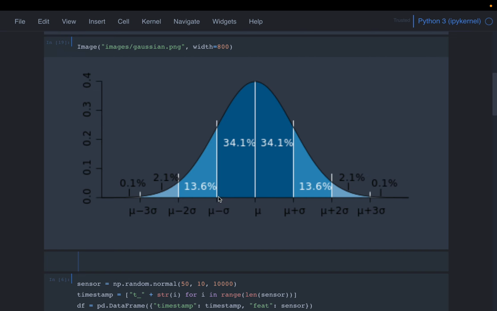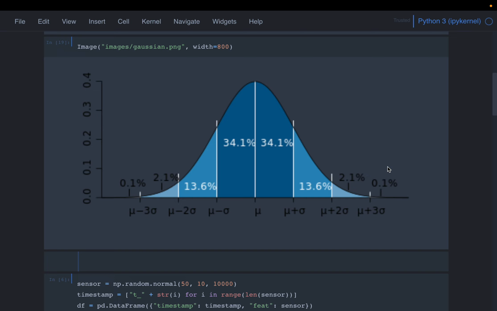Now from 1 sigma to 2 sigma, that will cover another 13.6% of the data. Then 2 sigma to 3 sigma, that's another 2.1% of the data. Then after 3 sigma, we usually have very small, just about 0.1% on the left, 0.1% on the right.